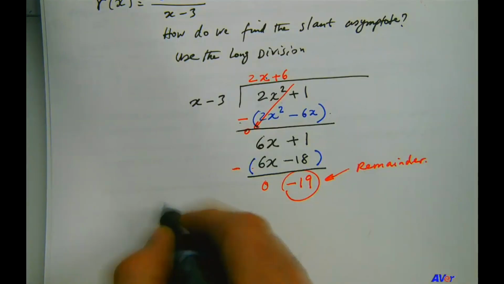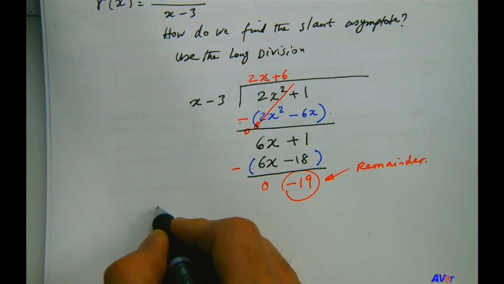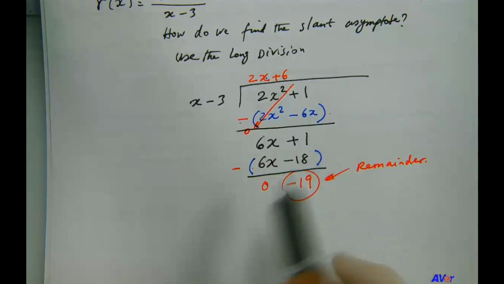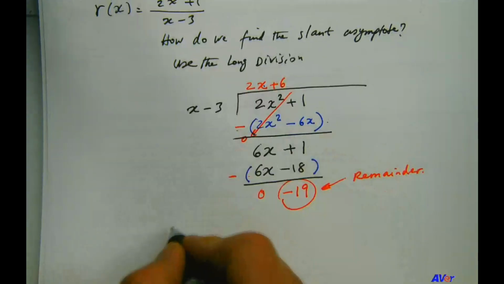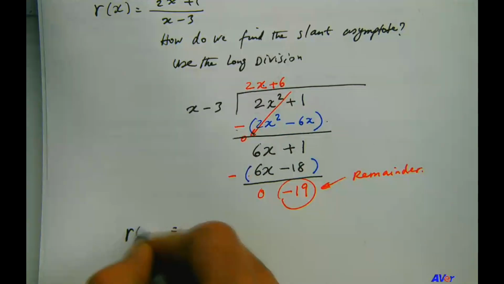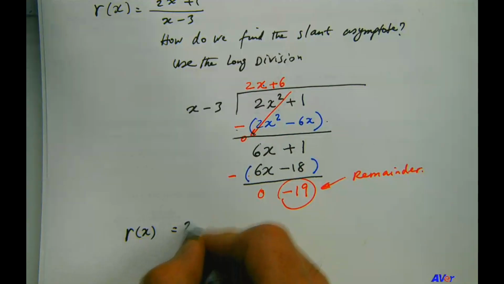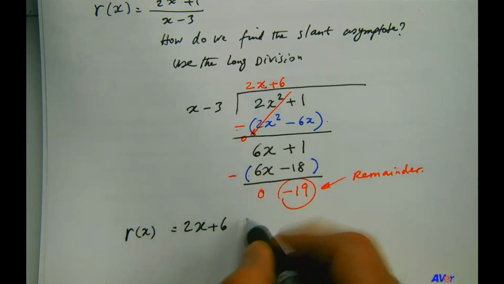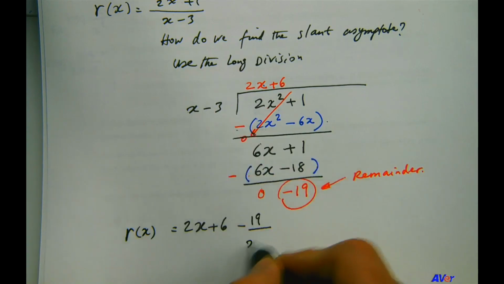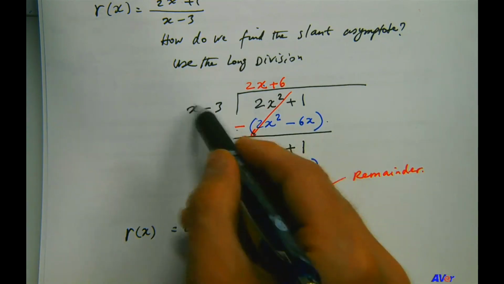And so if we rewrite the original polynomial, here's what we have. We have the 2x plus 6, that's the quotient. The r of x is equal to 2x plus 6, which is the quotient, minus 19 divided by x minus 3, right, which was the divisor.